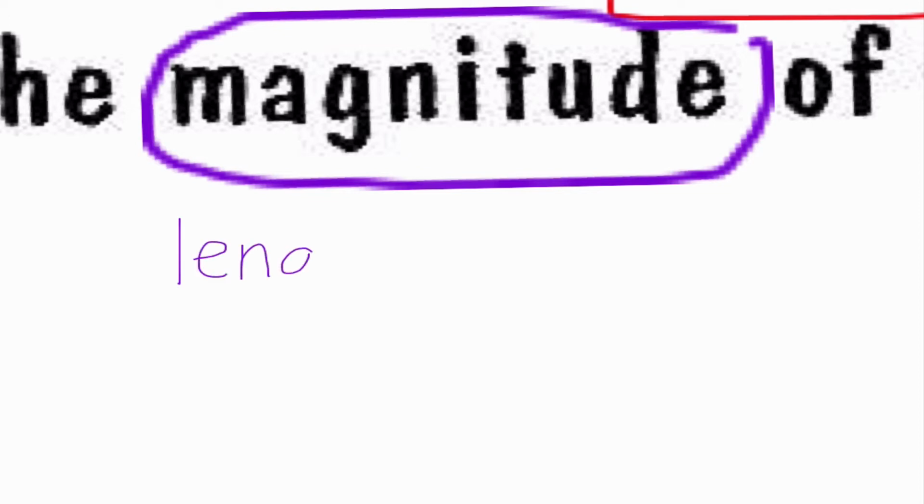Magnitude means the length. And the way that we see this denoted, it kind of looks like our parallel line symbol on both sides of the vector. So we'll see the 2 lines and then a bold variable and then the 2 lines. So that is our notation for length or for the magnitude of a vector.